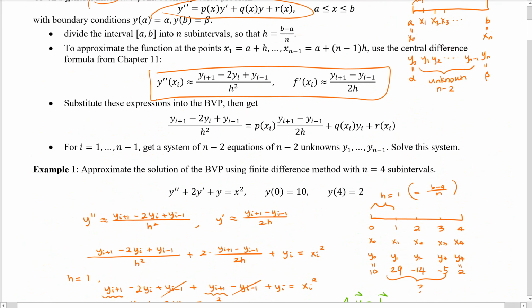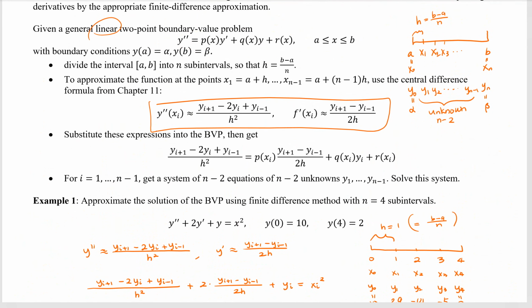If you solve for y double prime, you get minus 2y prime minus y plus x squared, right?